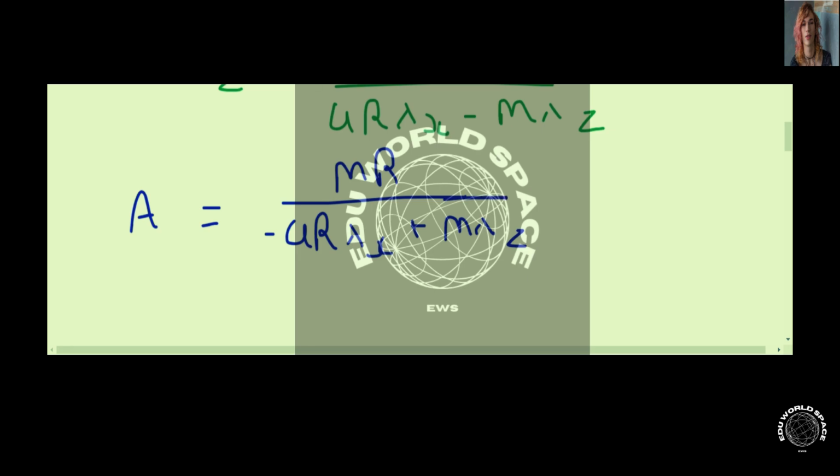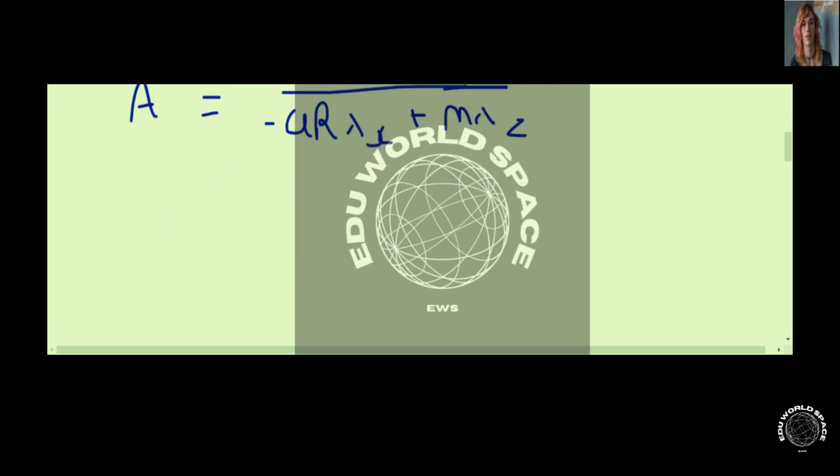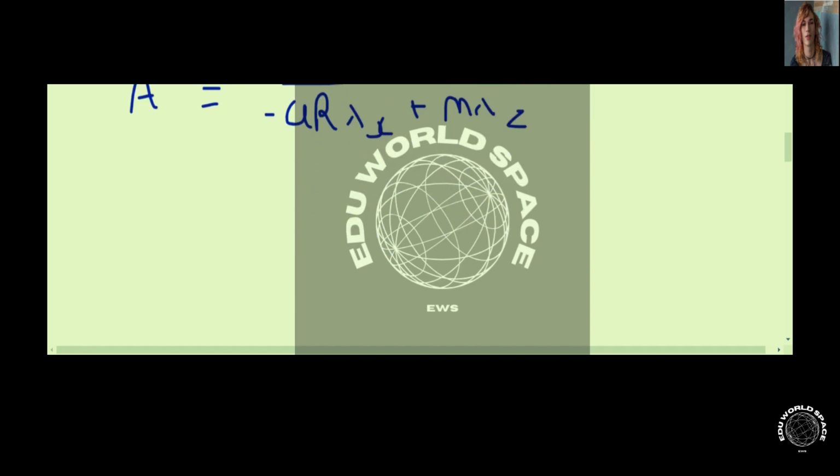We can also return the Bz into the equation for B to get its final form as well. So we can write after simplification B is equal to M lambda z upon R lambda x.